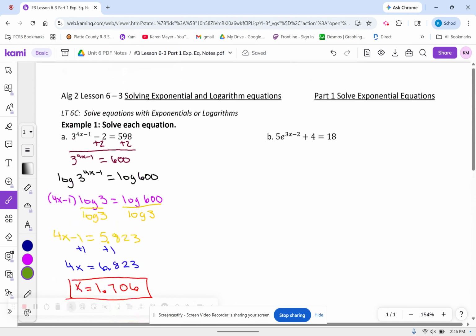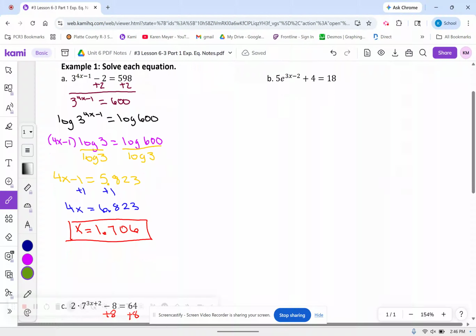Okay, then let's go back up to B, because B is going to be a tiny bit different. The reason this one's going to be a little bit different is because you notice this one has the letter e in the problem. If you have the letter e in the problem, your goal should be to get e by itself, because that's your base. So we're going to start by subtracting the 4.